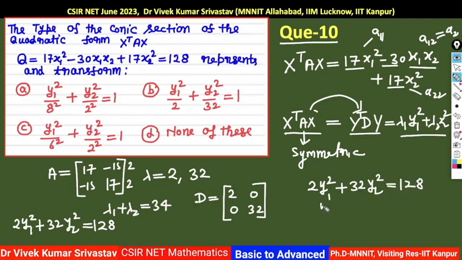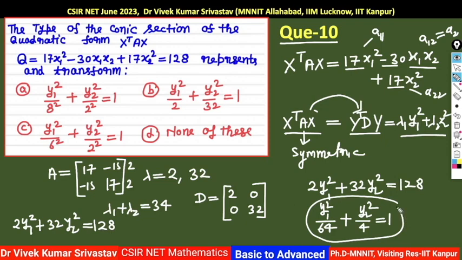Once you divide, what will you get? y1 square upon 64, plus, once you divide 128 by 32, it is 4, so y2 square divided by 4 is equal to 1. So what is the conic section? The conic section is nothing but an ellipse. 64 means 8 square, and this is 2 square, right?